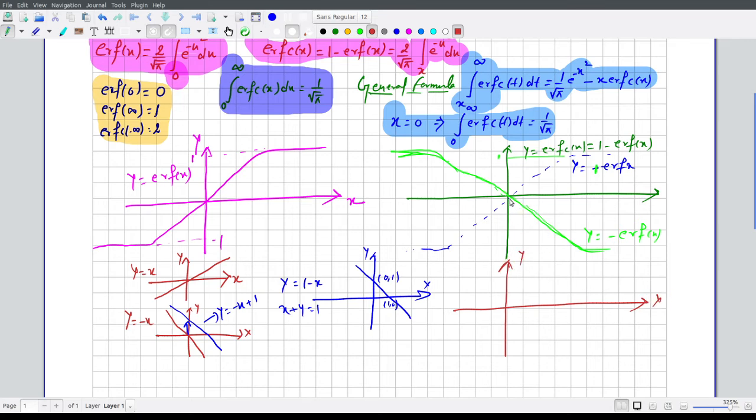Initially it is at 0, passing through the origin. Now it will move to 0, 1 unit. I will make it more. One unit up, so it should be somehow up.